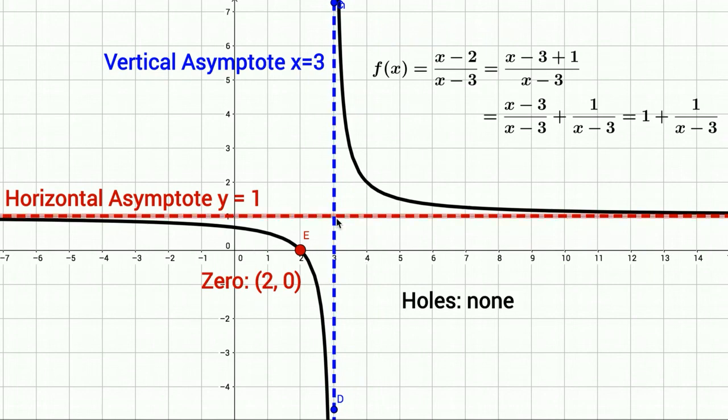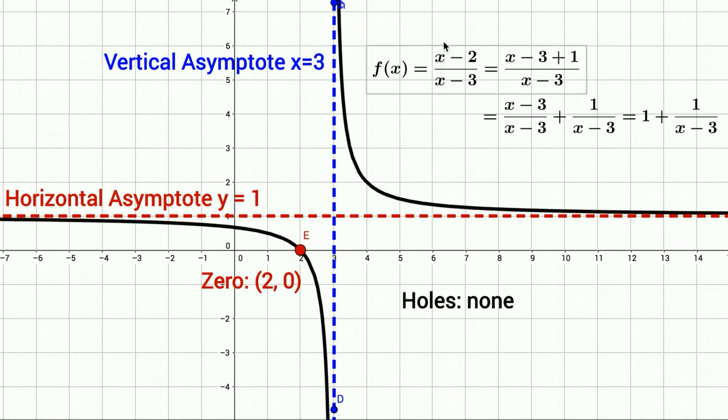Right 3, up 1. The information that is asking you for zeros and holes, I'm just going to mention briefly here because we did not discuss this in class. Zero means where the graph crosses the x-axis, where y equals 0. When x plugs into the function, it'll make the function equal to 0.